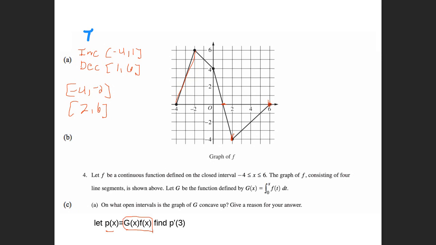I have two functions. So if p of x is equal to g of x times f of x, I'm going to take the derivative of this.